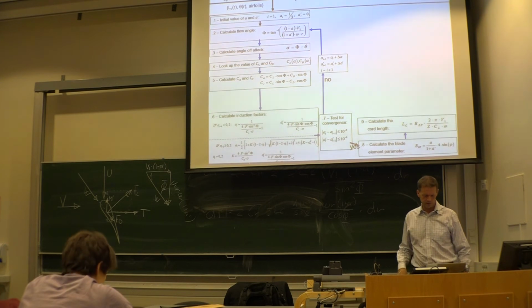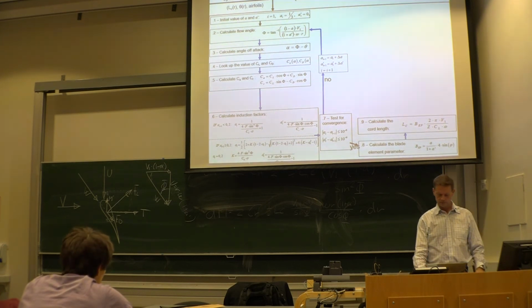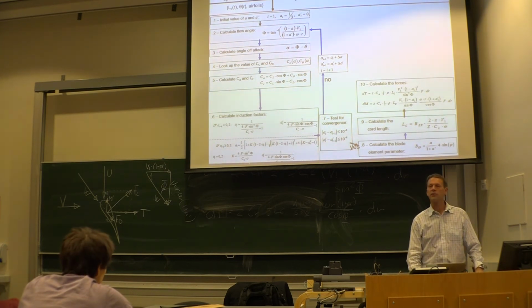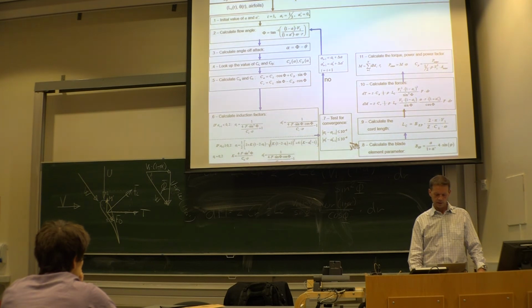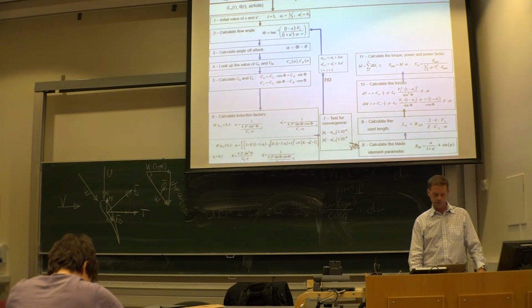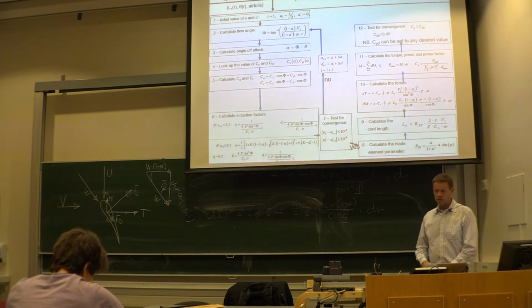And then you calculate the chord length. And you calculate the thrust and torque forces on the blade, each element, and then you calculate the torque, power, and power factor. And now we have the efficiency.